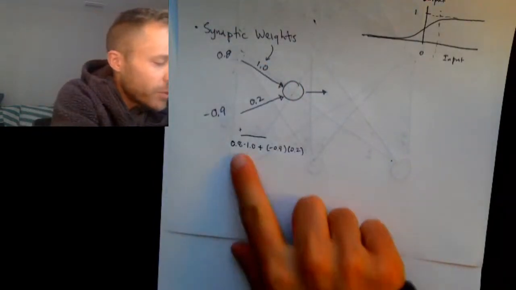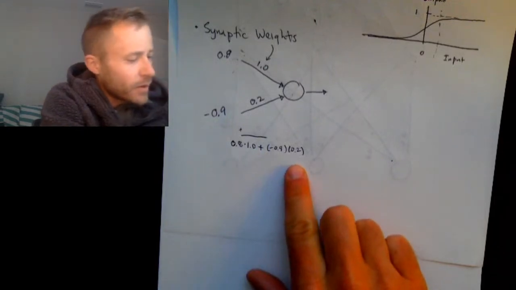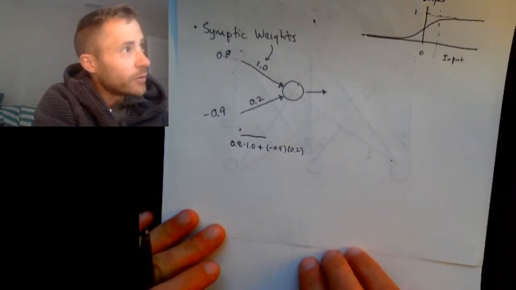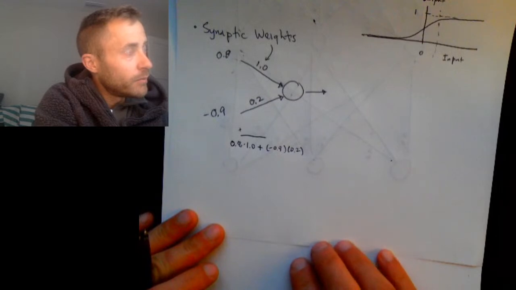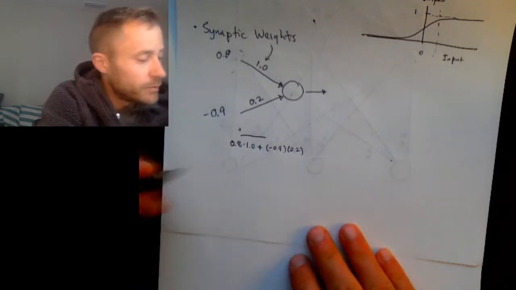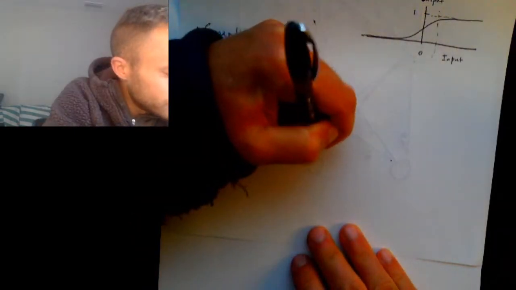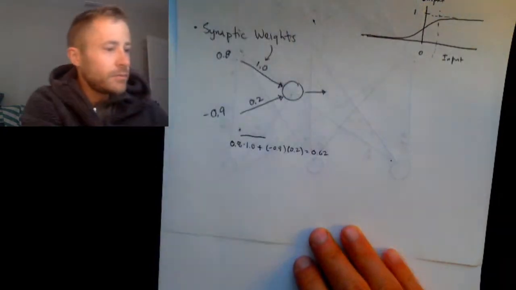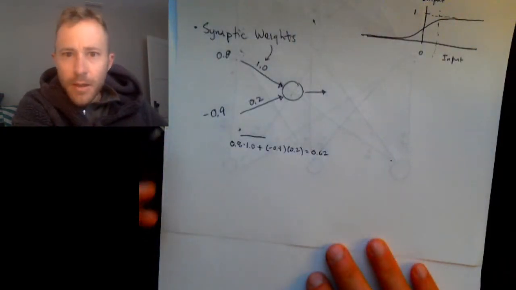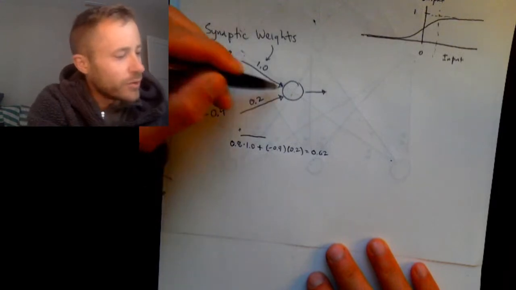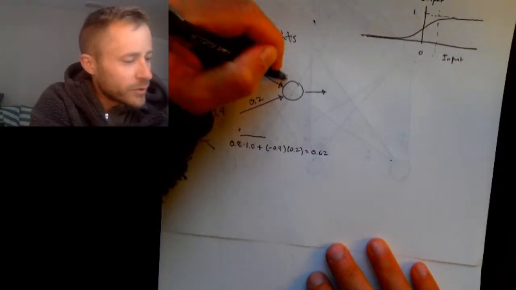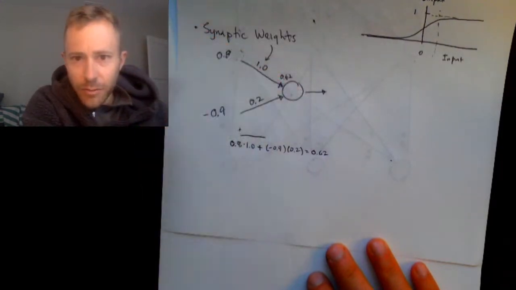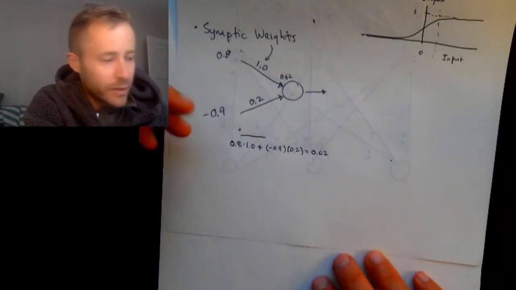Okay, so that's 0.8 minus 0.18, so that would be what? 0.62. All right. So that means that the actual input is 0.62, which then the sigmoid function is applied to.